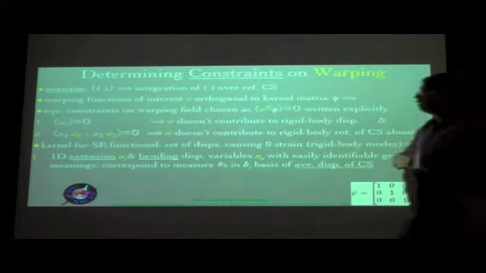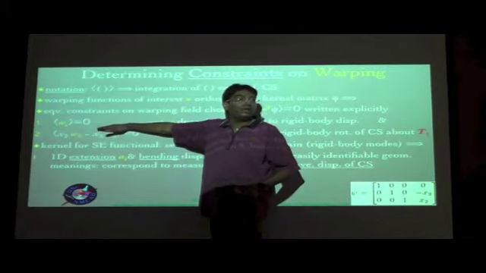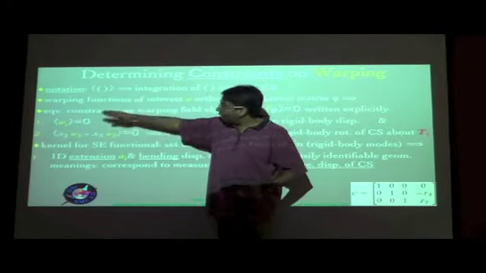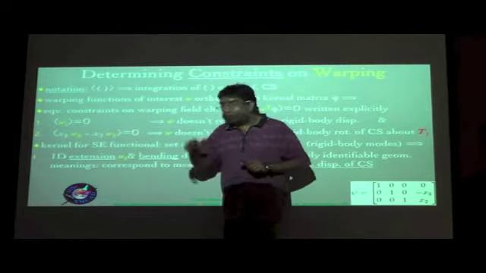So the fact that your W1, W2 and W3 averaged over the cross section go to 0 in essence gives a meaning, though there is a catch in this, we'll come to that later.